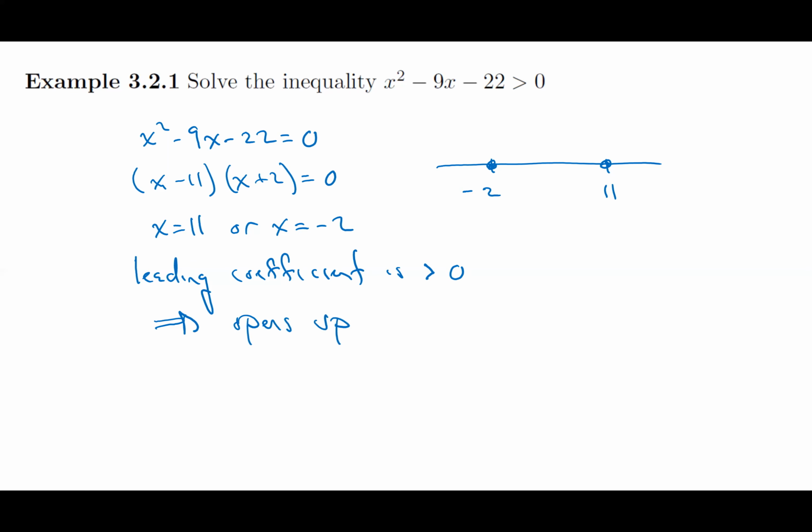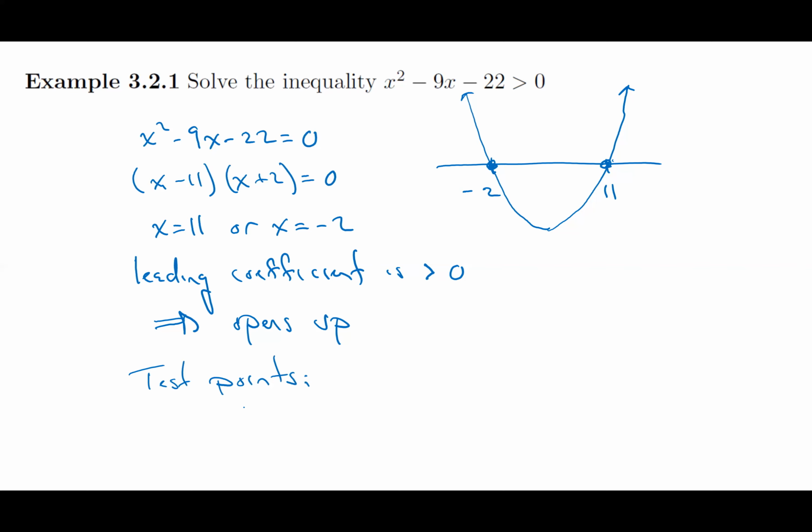So if I've got these 2 roots and my parabola opens up, then I know that it must do something like this, okay? It opens up and these are its zeros, so it has to go through the way I've drawn it. Now I could also find test points, because the roots create 3 intervals.